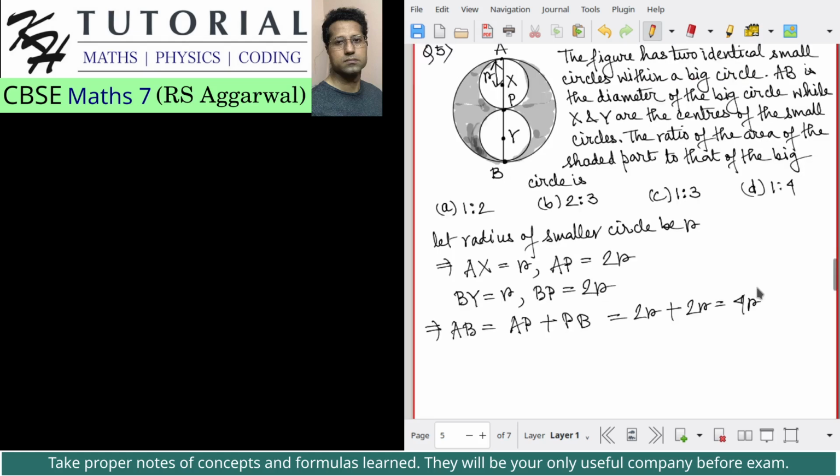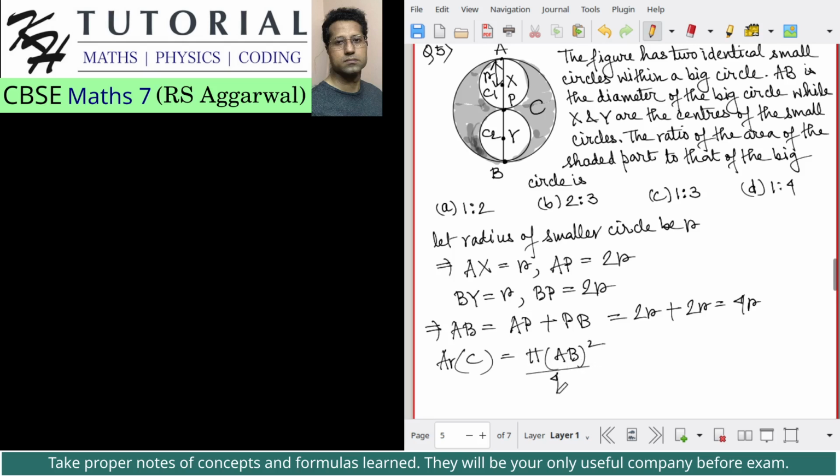Now the problem asked for the ratio of the area of the shaded part to that of the big circle. So let's say the big circle be C, the top smaller circle be C1 and the bottom smaller circle be C2. So what is the area of the big circle C? This is equal to pi AB square by 4.